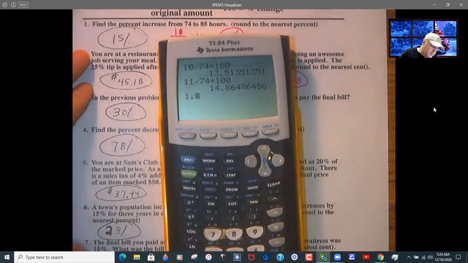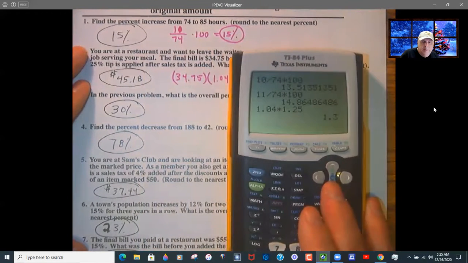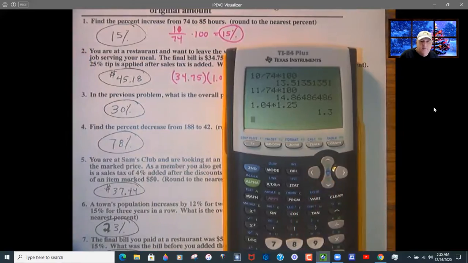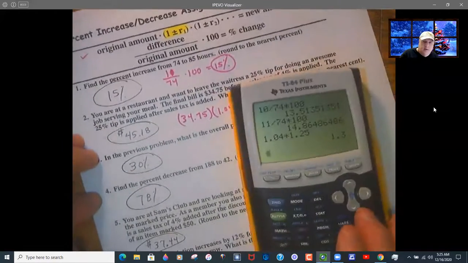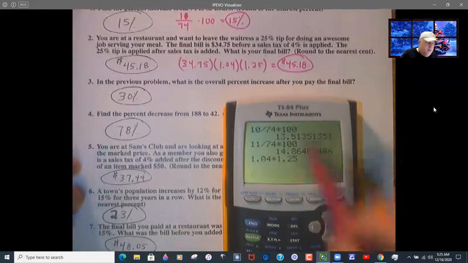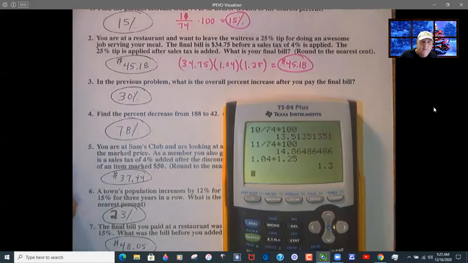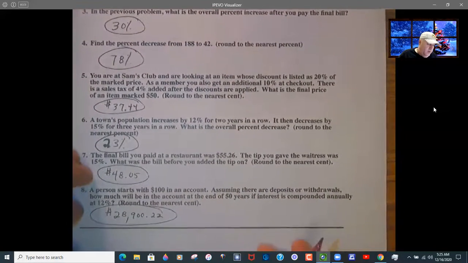I like multiplying the two multipliers out. So 1.3, but you've got to figure out what got added to 1, and that's 30%. You could also do the 45.18 minus the 34.75, get that number and divide by 34.75, either way. So know how this works.